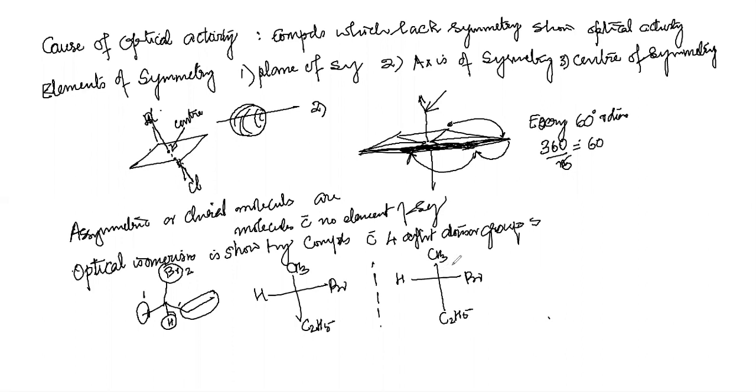So this carbon contains 4 different atoms and groups. That is what is known as an asymmetric carbon. This way of representation is known as Fischer projection.